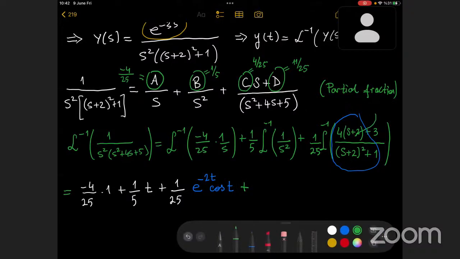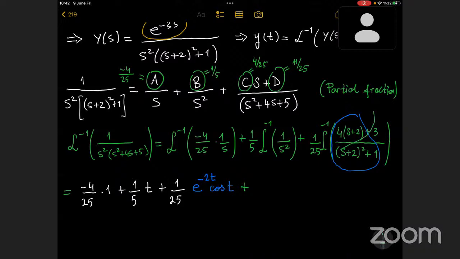Sorry. This one. Okay. 3 is out, and we have 25 in the bottom. 3 over 25. Well, this is, remember, sine, but again, you shift by 2. So it's going to be e to the minus 2t sine t. Değil mi?